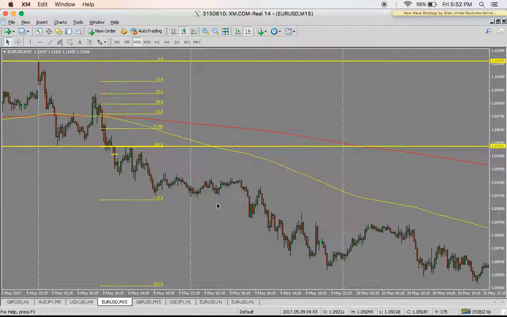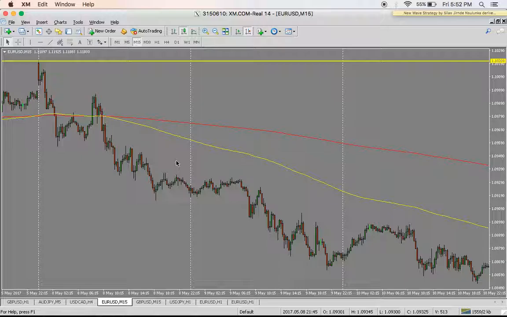Anything that has the 618 in it is a suitable take profit. So 1618 is a suitable take profit area. 2618, 3618. Anything with the 618 is a suitable place to put your take profit. Alright, so that's basically the whole strategy.